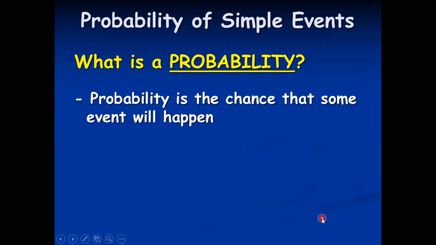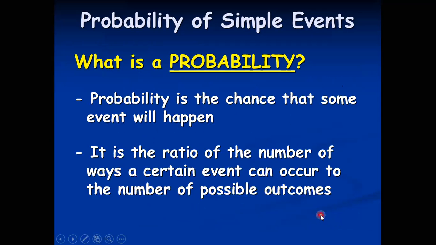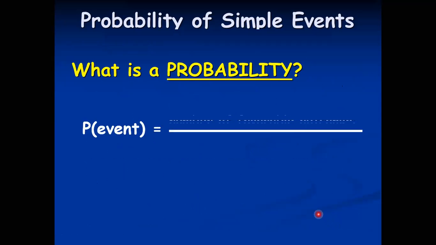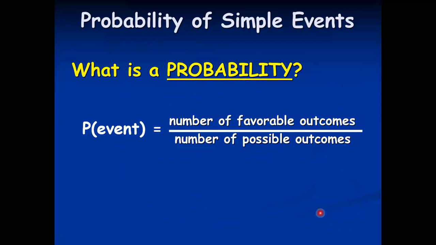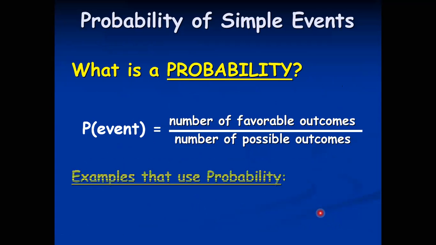If you look at what probability is, it is the chance that an event happens. It is the ratio of the number of ways a certain event can occur to the number of possible outcomes. So it can be given mathematically by the number of favorable outcomes divided by the number of possible outcomes.